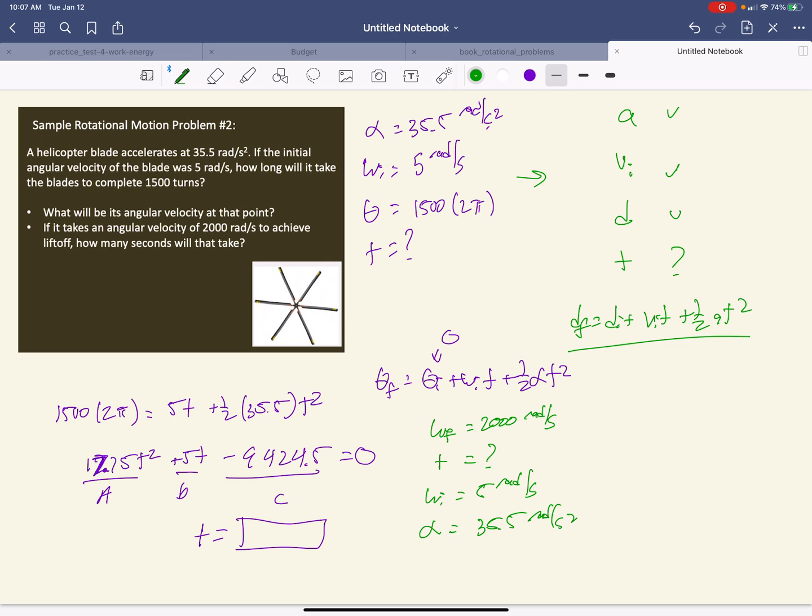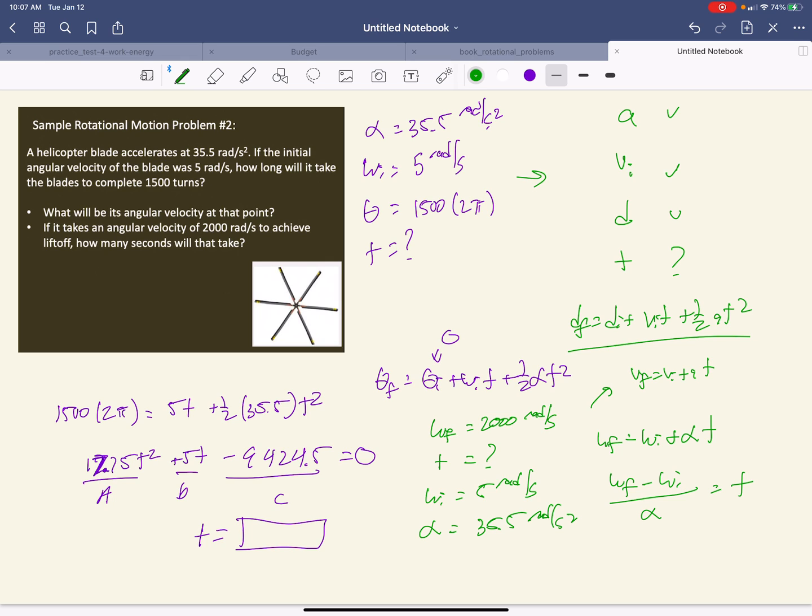Now you can see that this is really the equivalent of this, like that. We're solving for t. So omega f minus omega I all over alpha equals t.